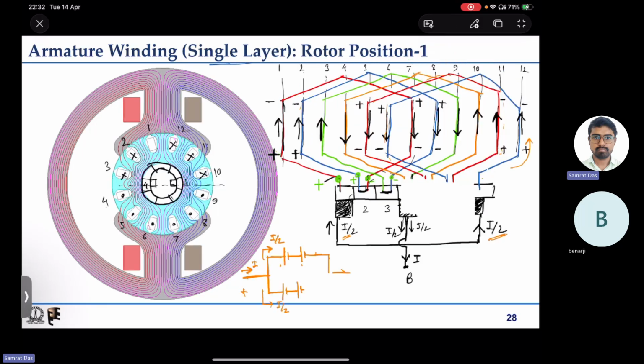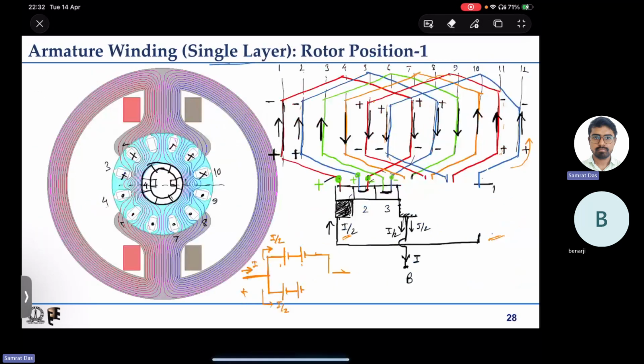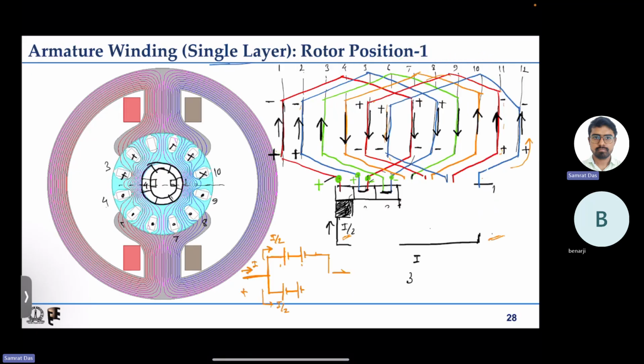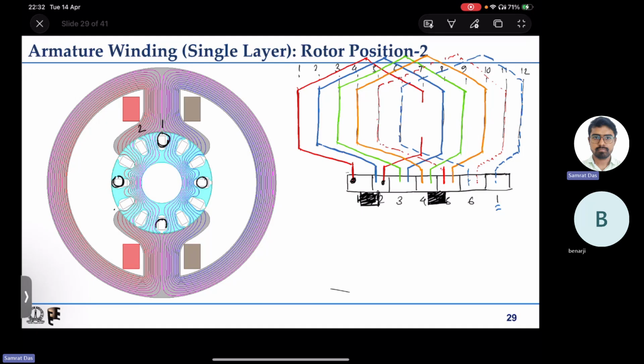I'm talking about rotor position 2. 1, 2, 3, 4, 5, 6, 7, 8, 9, 10, 12 are the 6 coils, 12 coil sides.